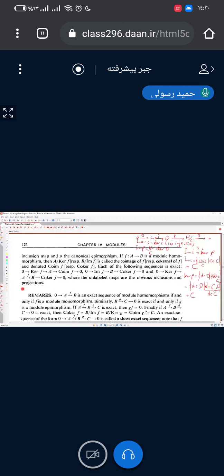I show the exactness of, for example, the first one, and the remainder are left to the readers as an exercise.